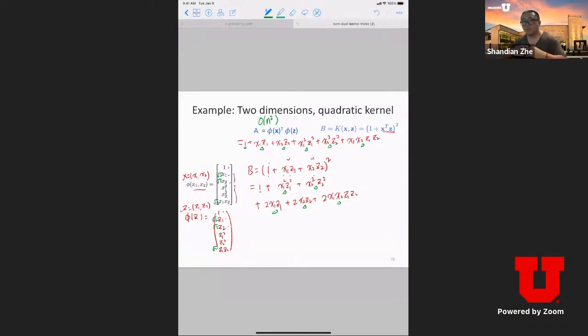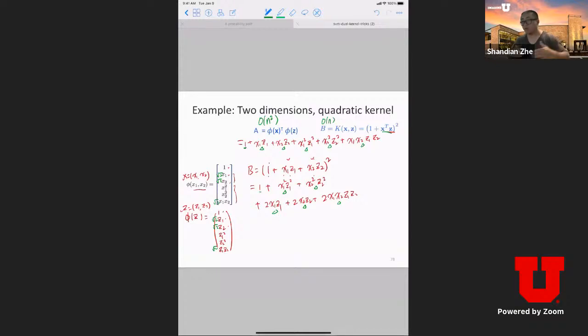But how about the time complexity to compute B? O(n). Why? Because when you calculate the inner product between x and z, you're in the original feature space where every vector is n-dimensional, so your inner product takes O(n) complexity, and then you add a number and take the square, which is constant. So the computation of B is just O(n), but the results are the same.